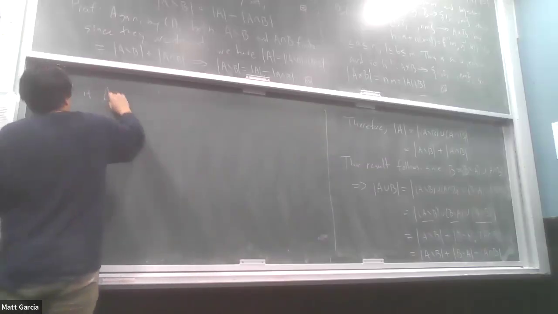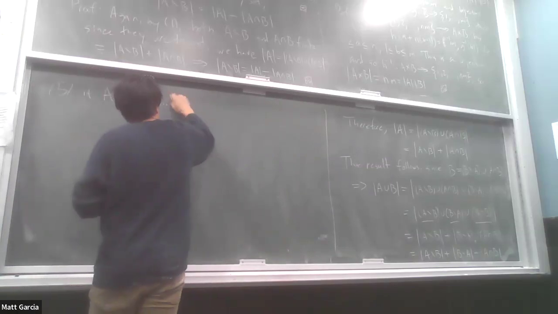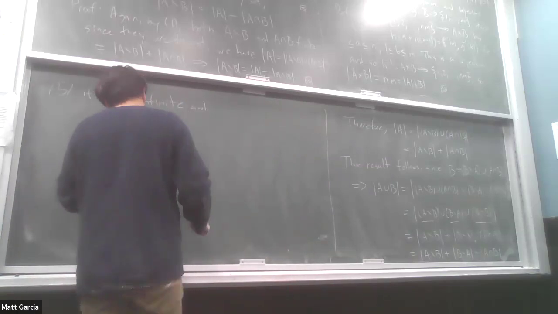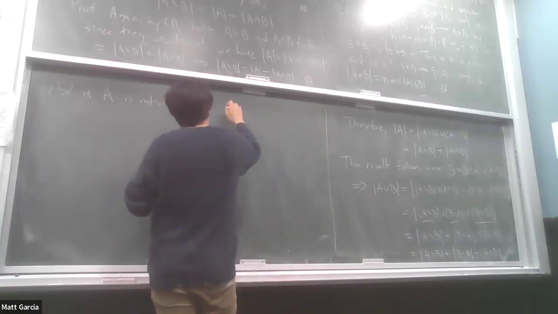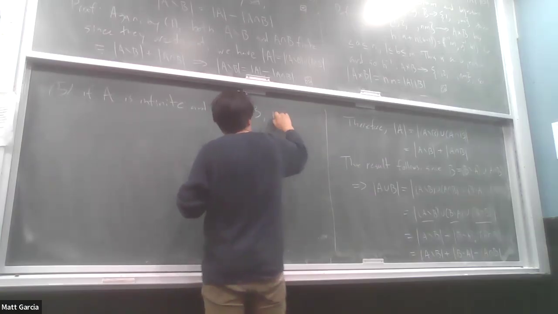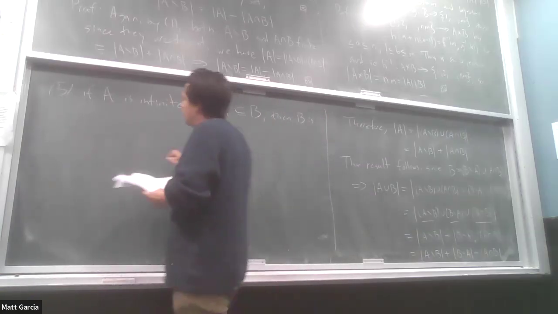Five: if A is infinite and A is a subset of B, then B is also infinite.